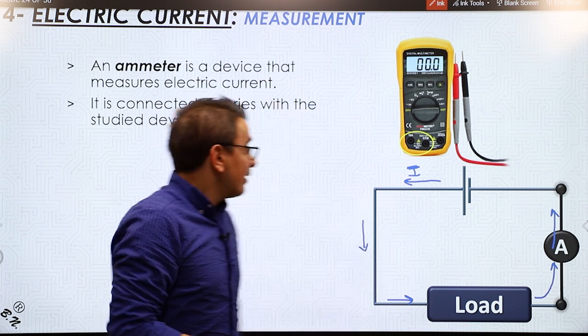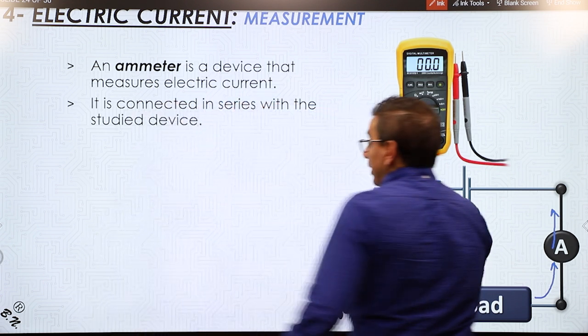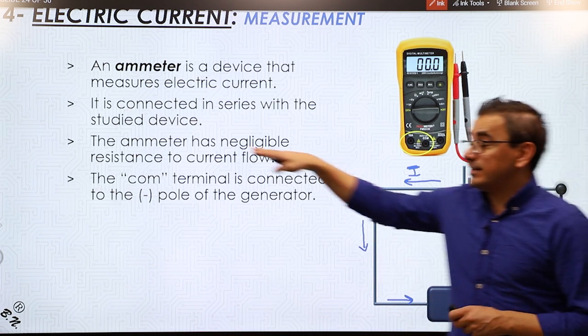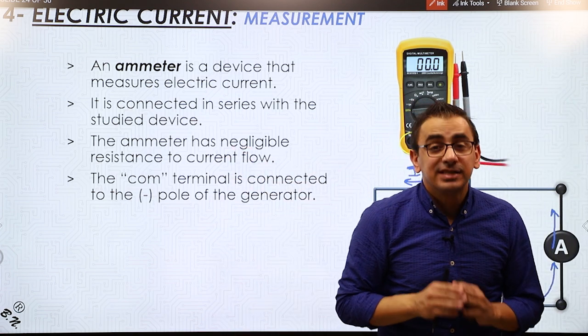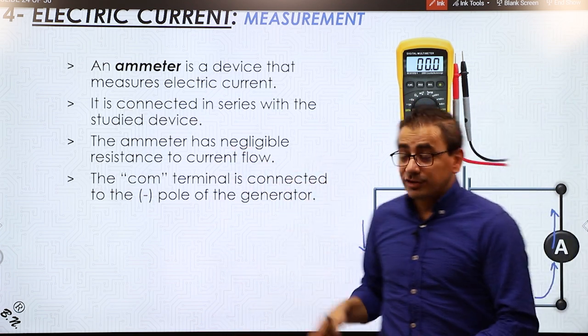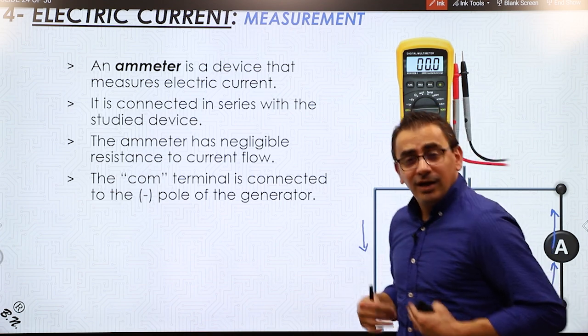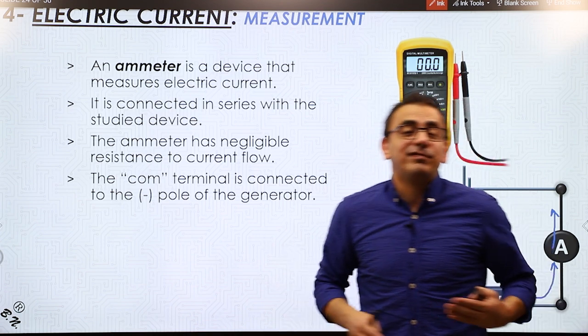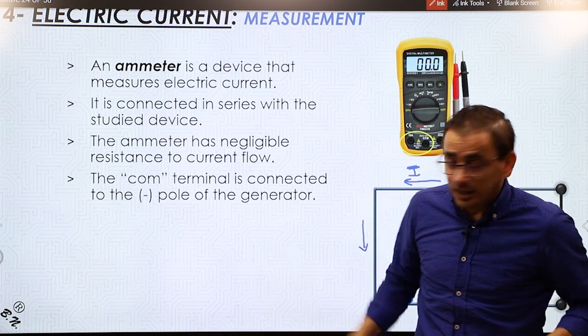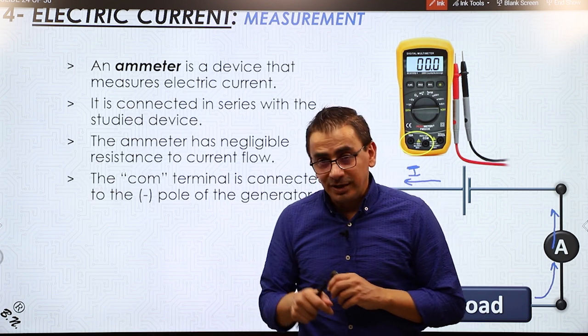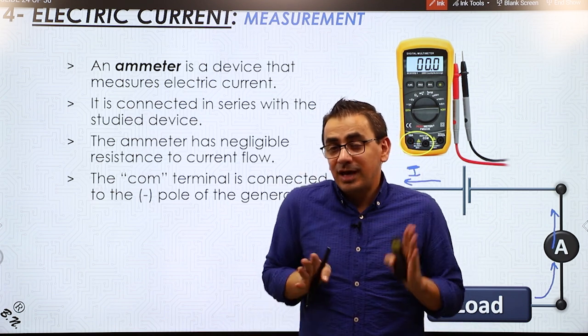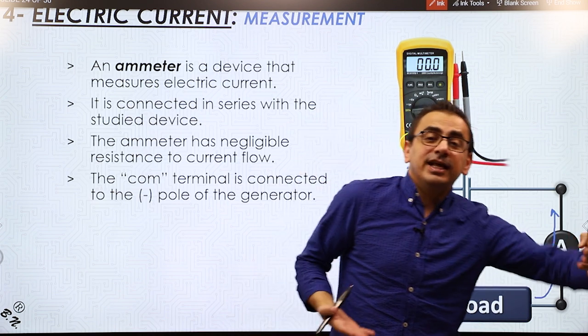Another note we need to keep about ammeters is that the ammeter has a very negligible resistance to current flow. Electric resistance is simply the action against the flow of charge. Whenever you have an ammeter, it has an entry and a negative pole.